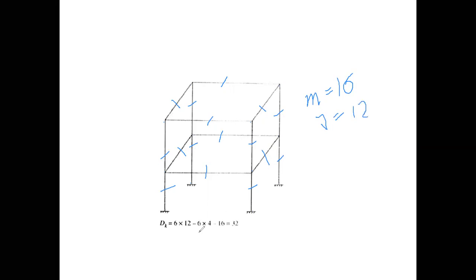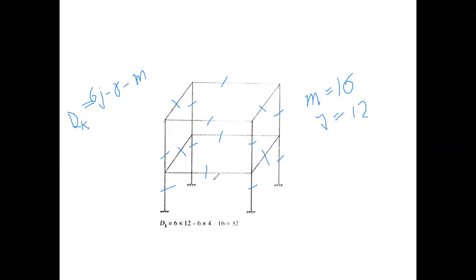The equation is simple. We know it. Let me write down again. It is 6j minus r minus m. This is the degree of kinematic indeterminacy. So 6 multiplied by number of joints, that is 12, minus r, number of reactions, in this case internal reactions.